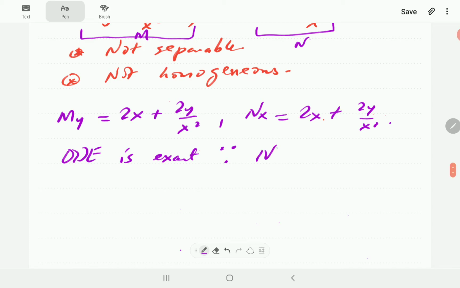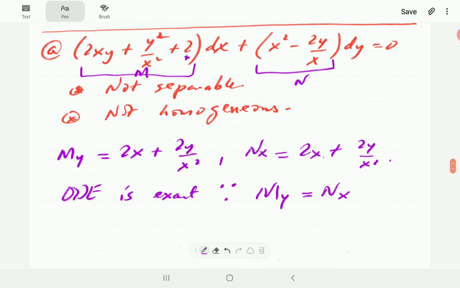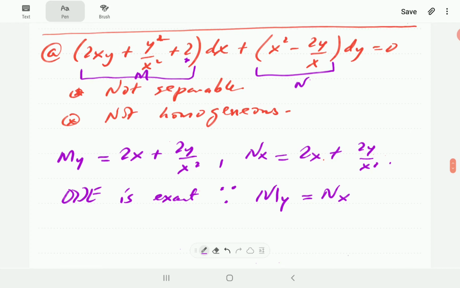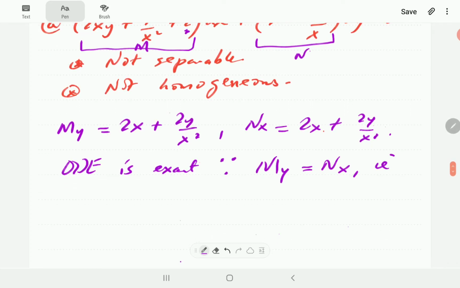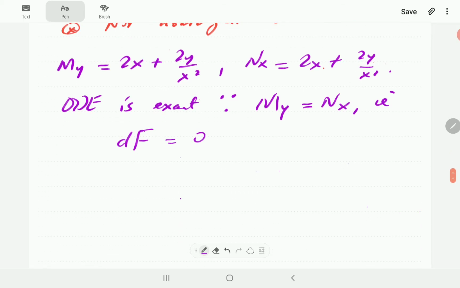because my is equal to nx. Okay, so if it's exact, it means that ODE is df equal to 0 of some function, which we have to find.